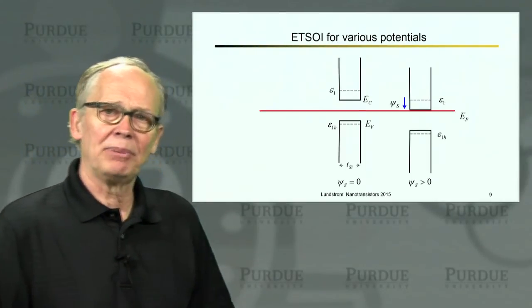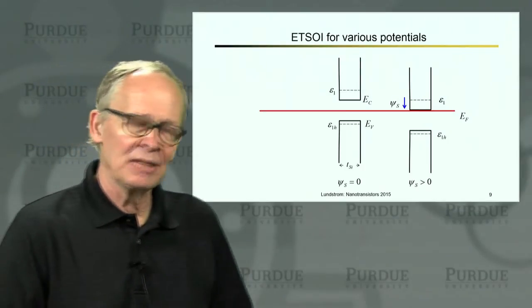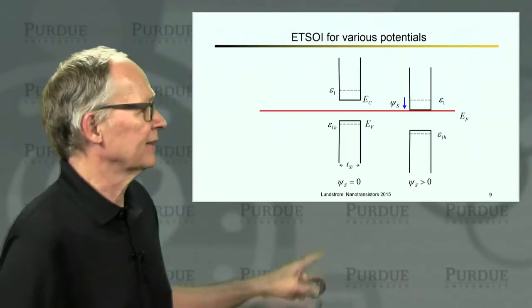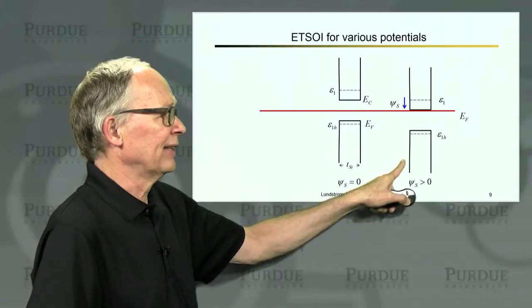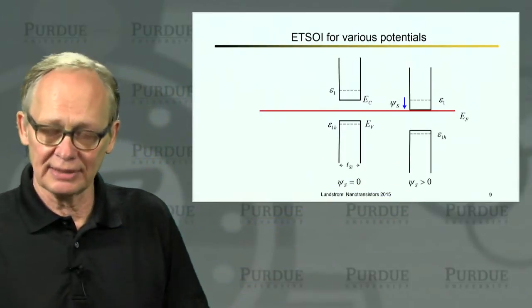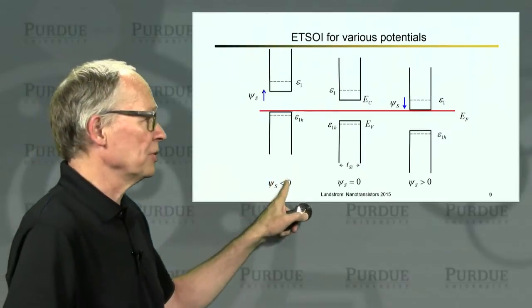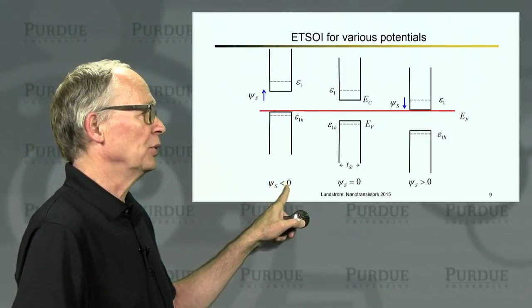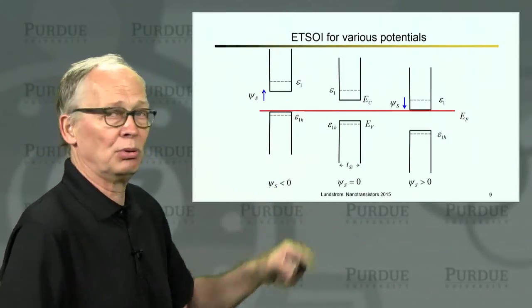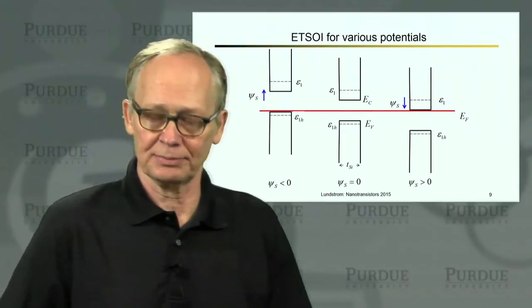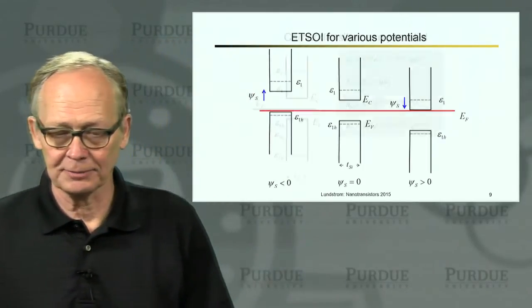If we apply a positive potential to the gate, we'll induce a positive potential in the silicon. That'll pull everything down. We'll get more electrons in the conduction band. If we apply a negative voltage to the gate, we'll get a negative surface potential. We'll pull everything up and we'll get holes in the silicon layer.